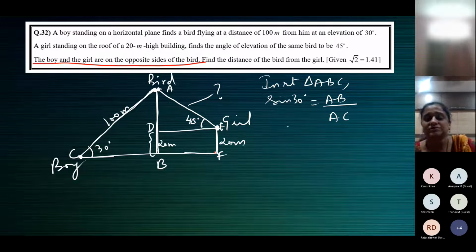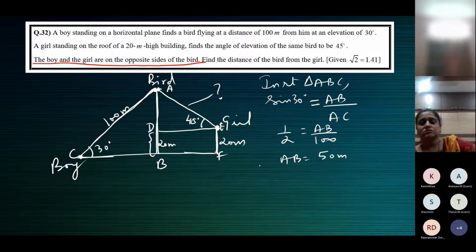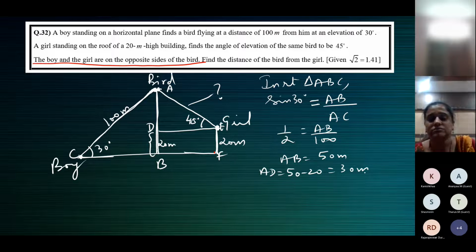What is the value of sine 30? 1 by 2 is equal to AB by AC, 100. So AB is equal to 50 meters. Now you know that AD plus DB is AB, which is 50. So AD will be 50 minus 20, 30 meters.